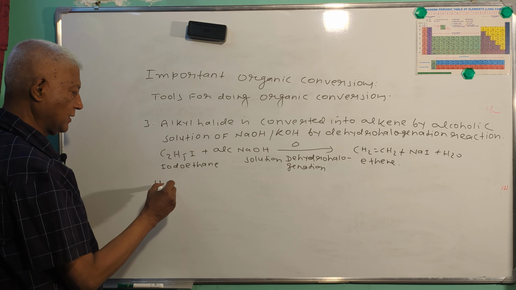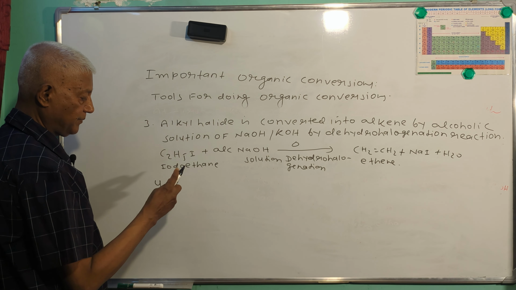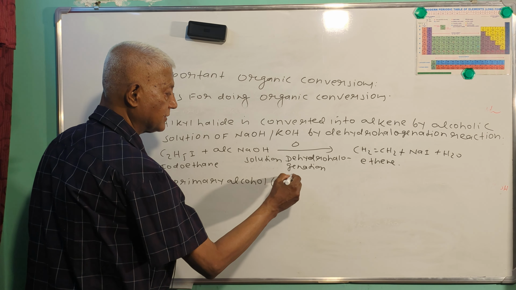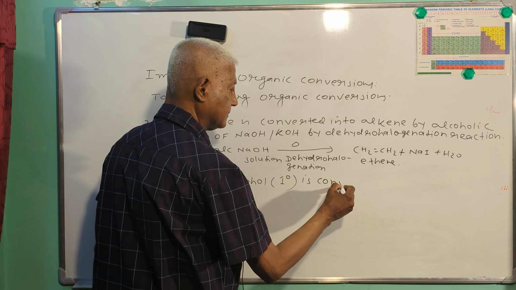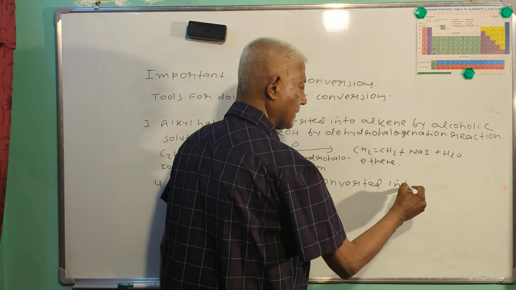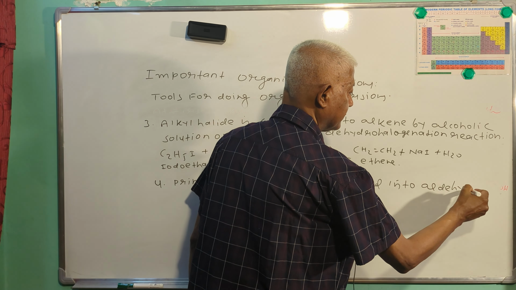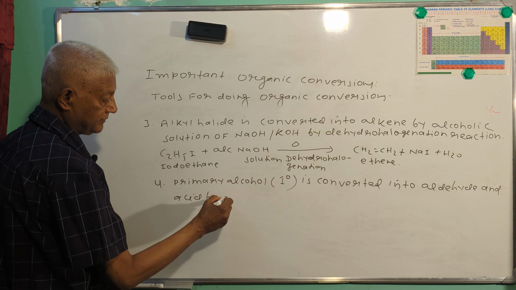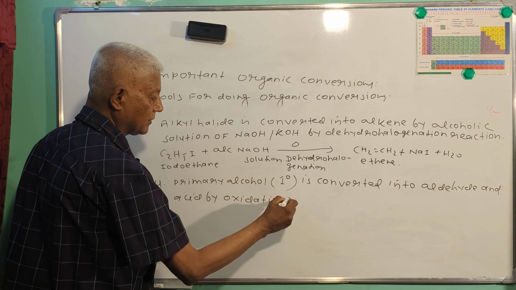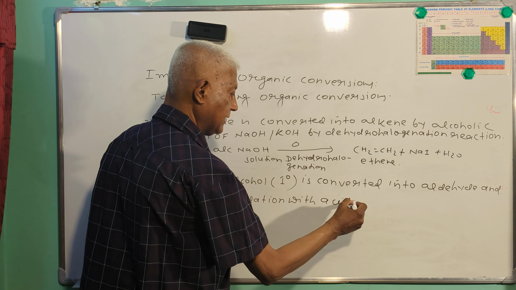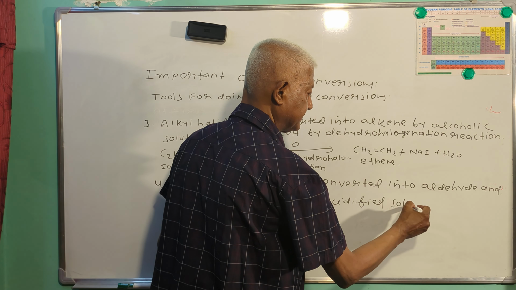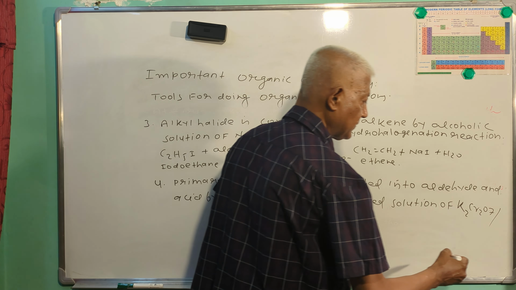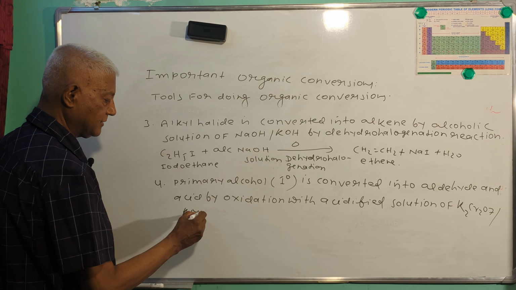The fourth one is primary alcohol, that is also known as first degree alcohol. Primary alcohol is converted into aldehyde and acid by oxidation with acidified solution, maybe potassium dichromate, maybe potassium permanganate, KMnO4.